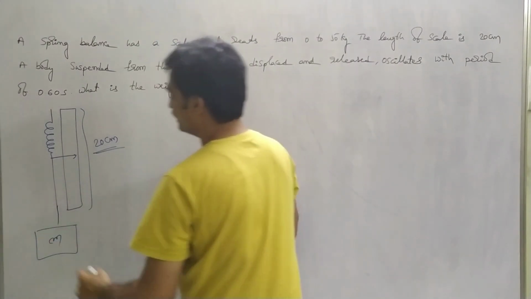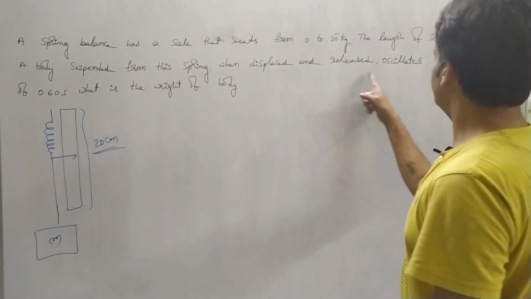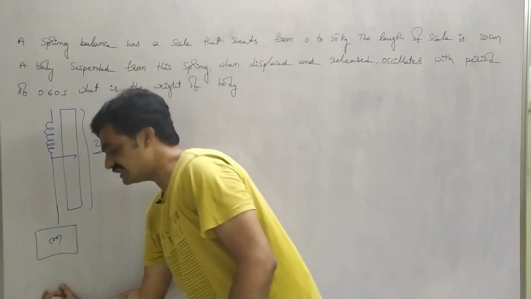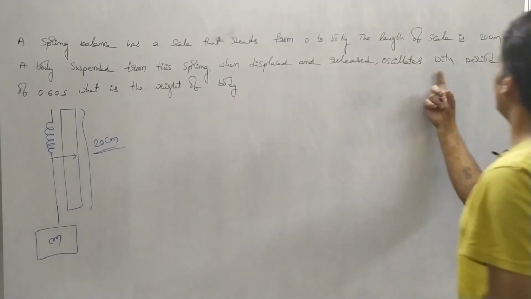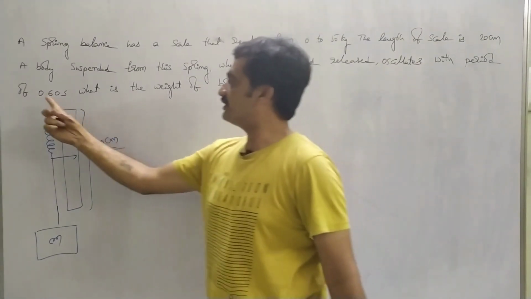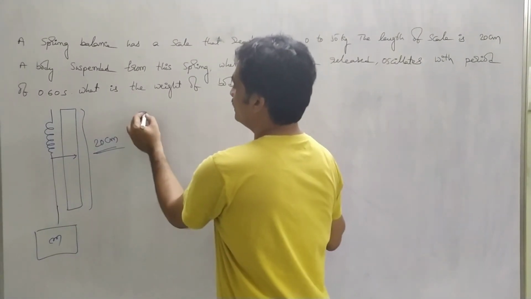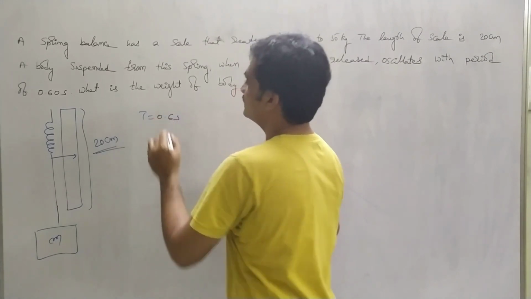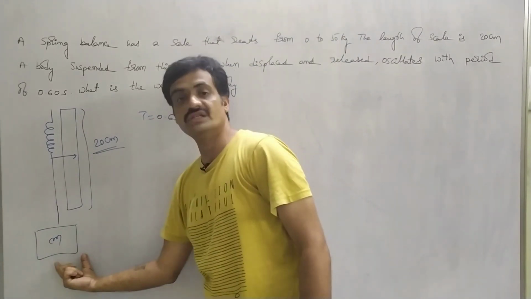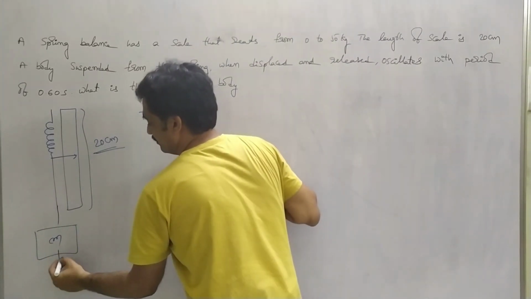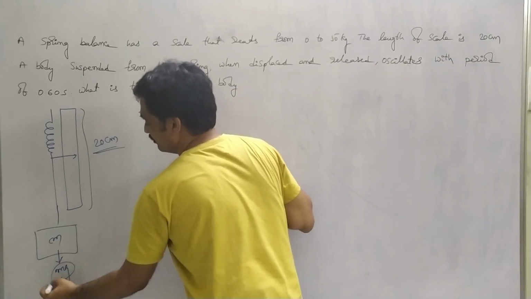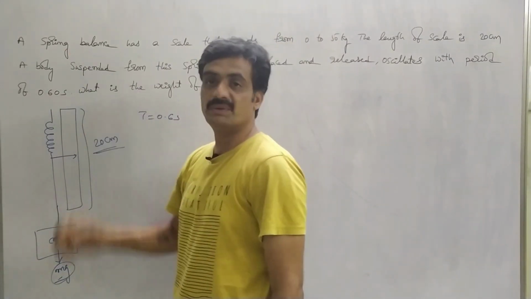When it is displaced and released, it oscillates with a time period of T equals 0.6 seconds. Now we have to find the weight of this body which is attached to this spring balance.